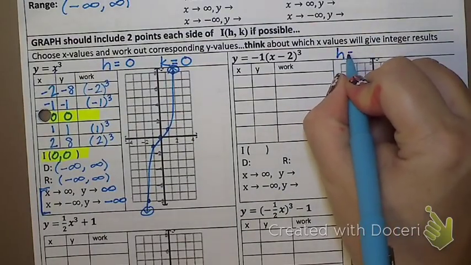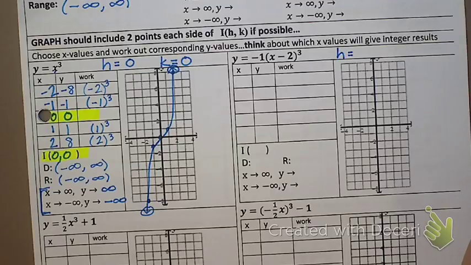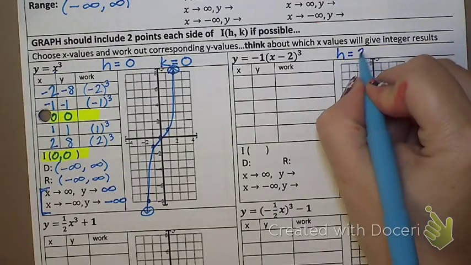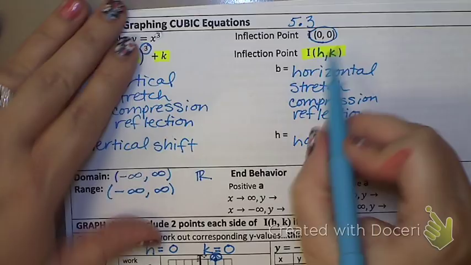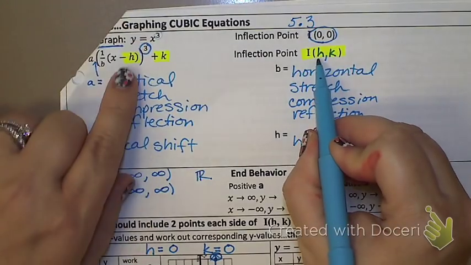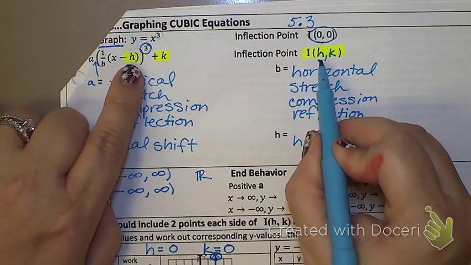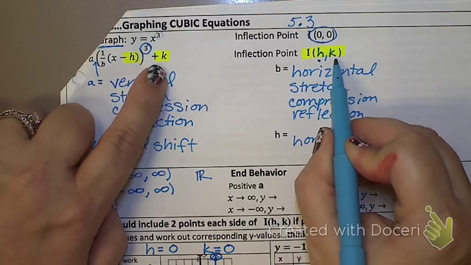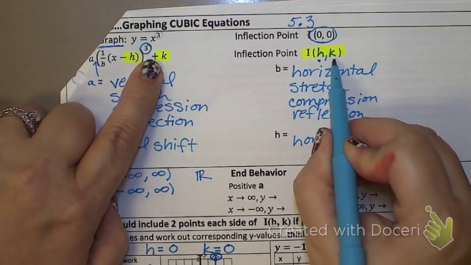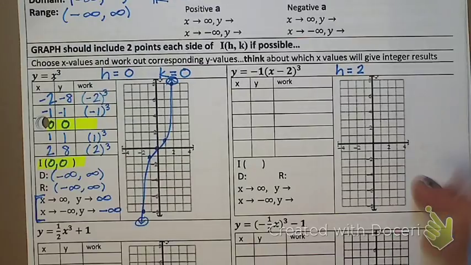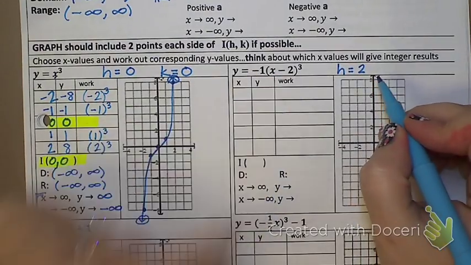What is my h value? Positive 2. If you look up here, this is a positive h. That looks like a negative h, doesn't it? We always have to do the opposite when we're dealing with h. K, sign is positive there, and here k is always going to be the same. So h looked like a negative 2 there because it was a minus.